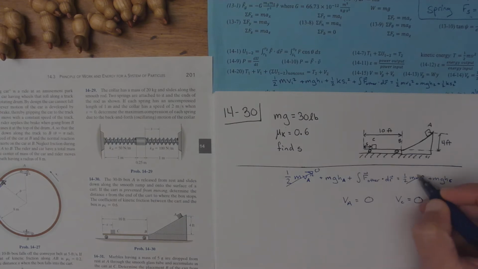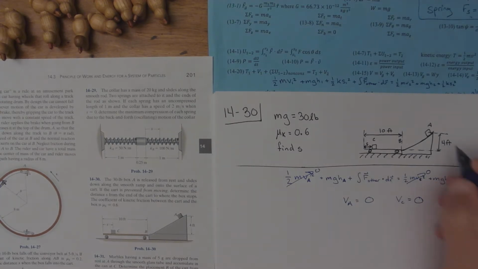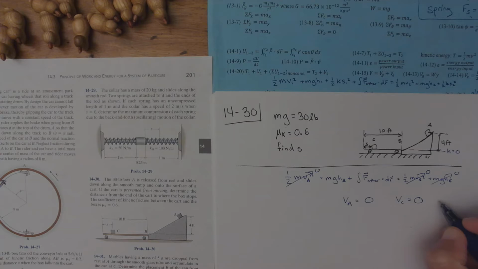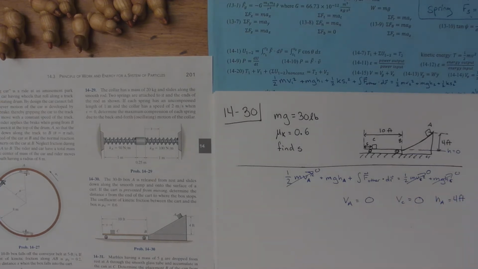So this is 0, and this is 0. And I could also say that the height at point C is 0, in which case the height at point A is 4 feet. So that makes things nice.